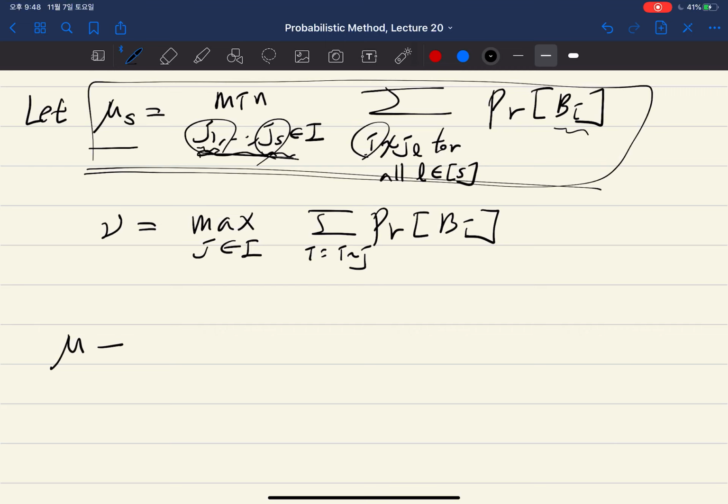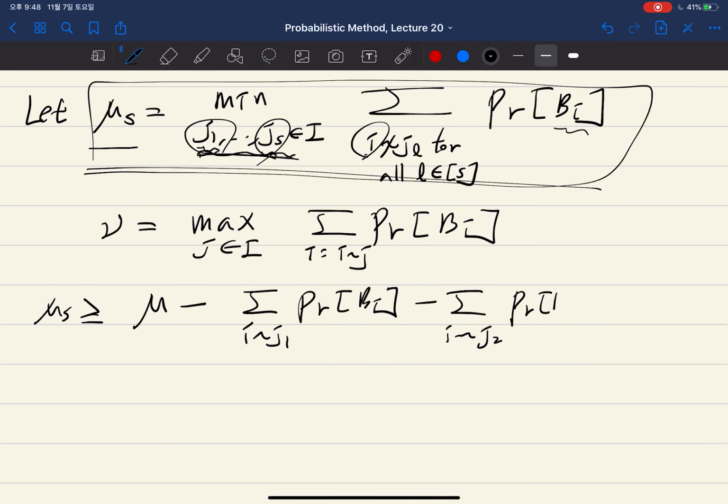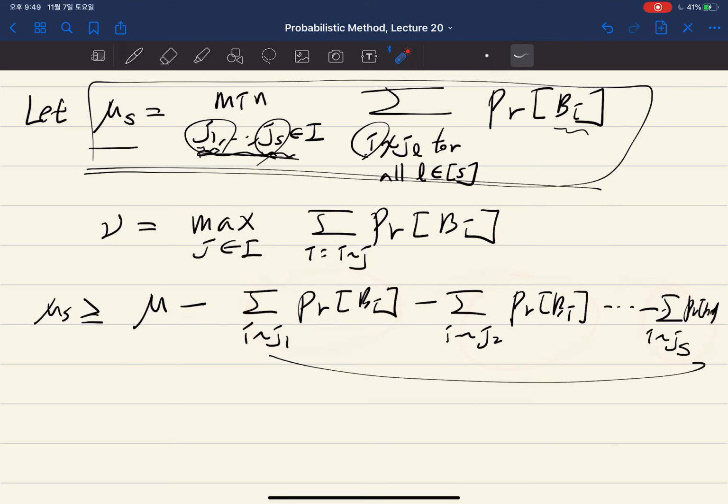So we want to take out the ones that are related to J1, and so mu of S is at least as large as the following term, up until i is related to J sub S. So there are S terms, and each of these is smaller than nu.